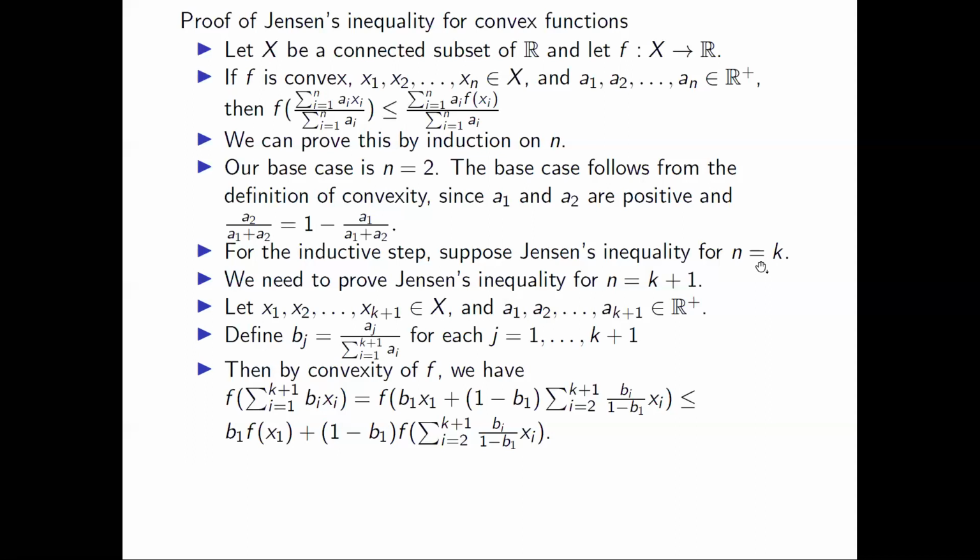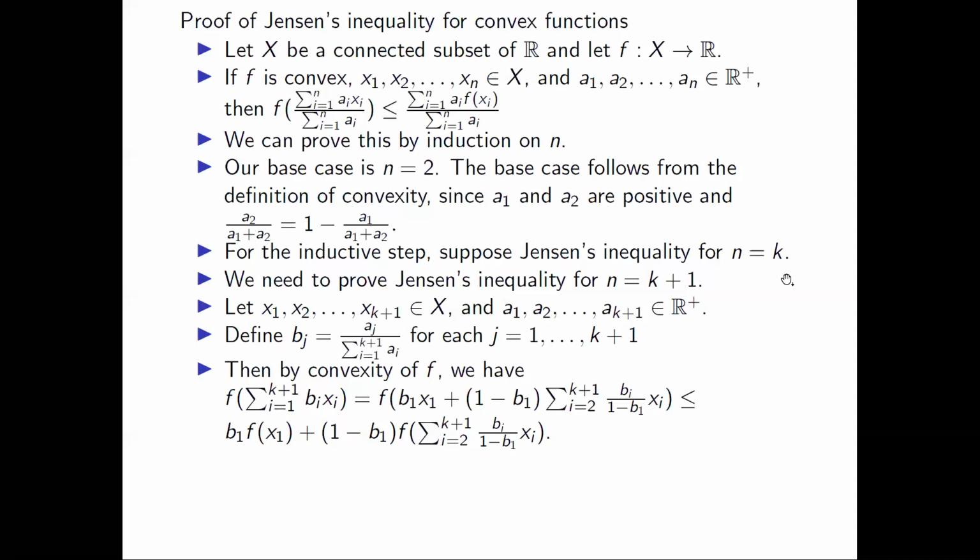Why would we do that? Well, it's so that we'll have a b1 and a 1 minus b1. And that lets us apply the convexity of f. So using convexity, we get that f of b1 x1 plus 1 minus b1 times that sum is less than or equal to b1 times f of x1 plus 1 minus b1 times f of the sum.